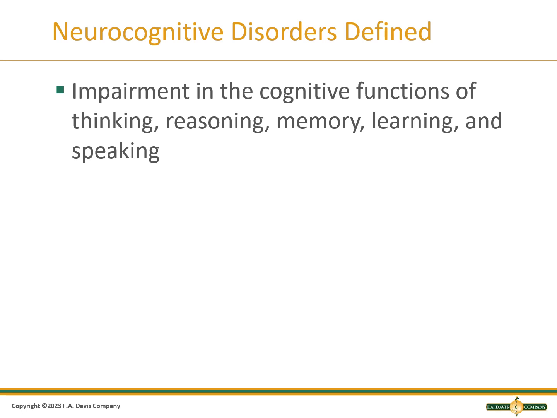The definition of neurocognitive disorder is a condition where the cognitive function in a particular area of the brain, which has to do with thinking, reasoning, memory, learning, and speaking, is impaired.